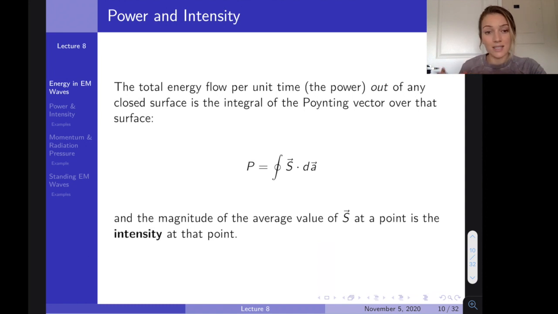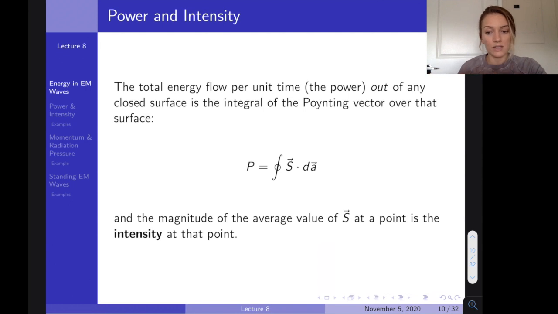And again, this is the instantaneous power because we're just looking at a specific moment in time. We said that the Poynting vector is a function of space and time, so it's going to have an x and a t. So just integrate that over your surface at that moment in time, and that will give you your total power moving through that surface.